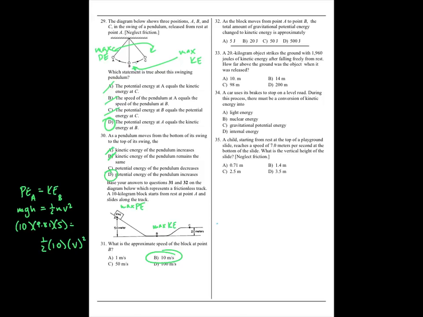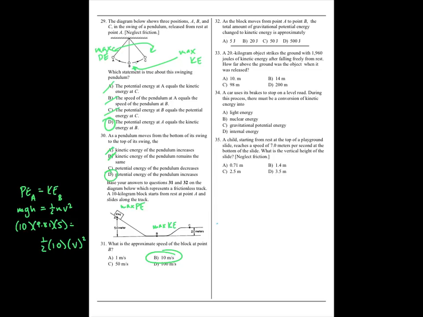Number 32. As the block moves from point A to point B, the total amount of gravitational potential energy changed to kinetic energy is approximately what? Alright, so this is a follow-up question. So as the block moves from point A to point B, what is the total amount of energy changed?